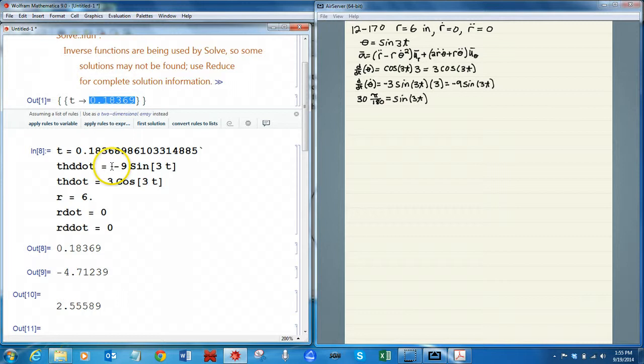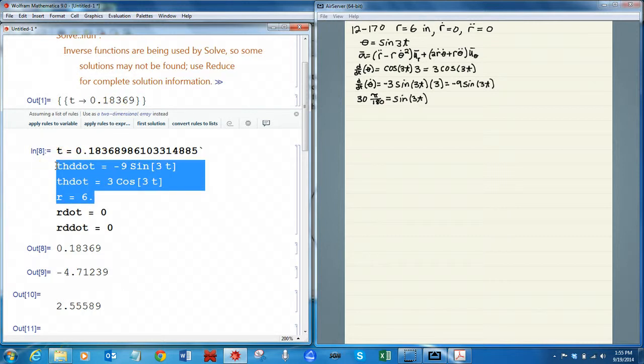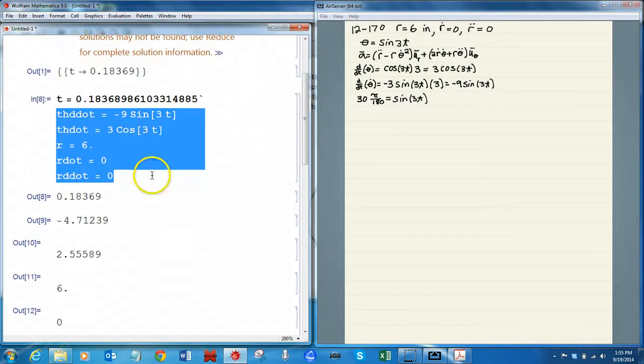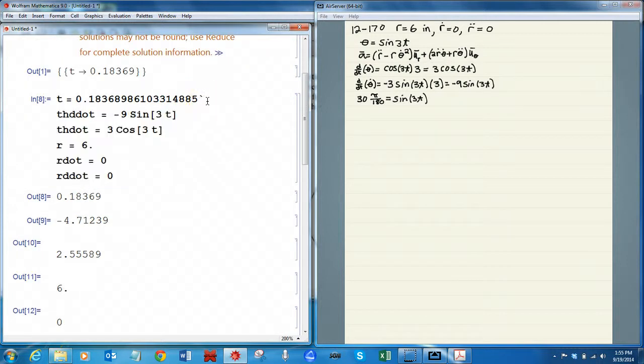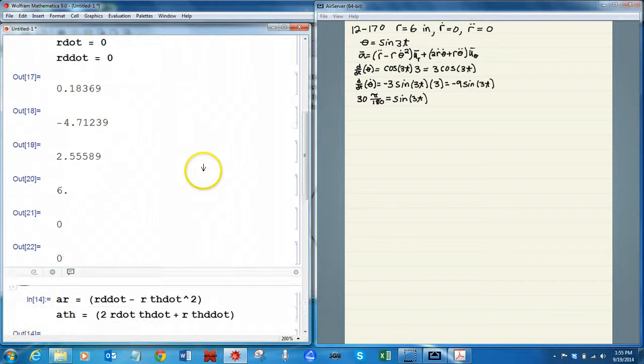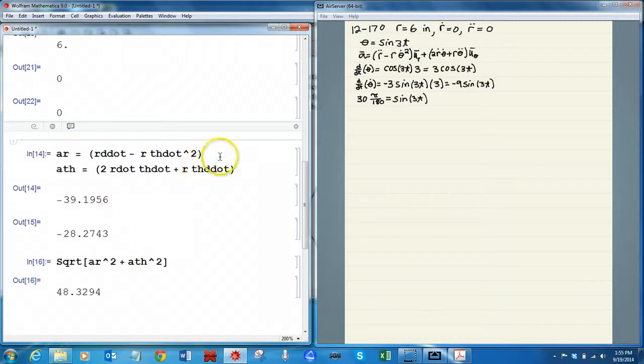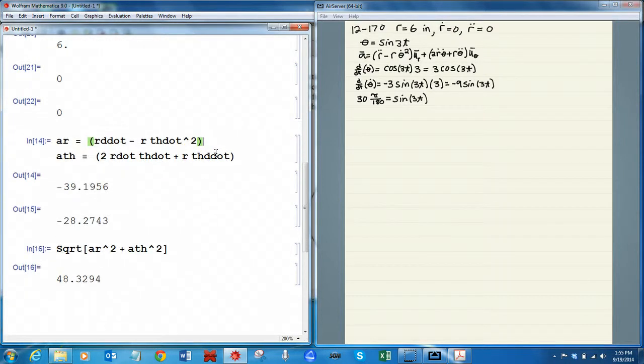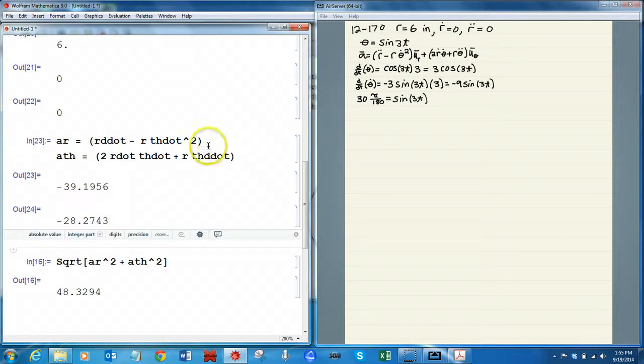And then all I did was type in the equations, or the values, for theta dot, theta double dot, r and r double dot, etc. So I typed that in and executed it. And then here are my equations for the accelerations in the radial and the theta direction. It's going to take those values from above and just punch them in.